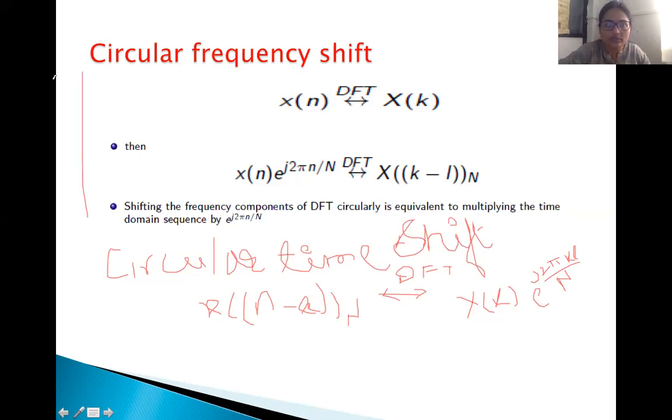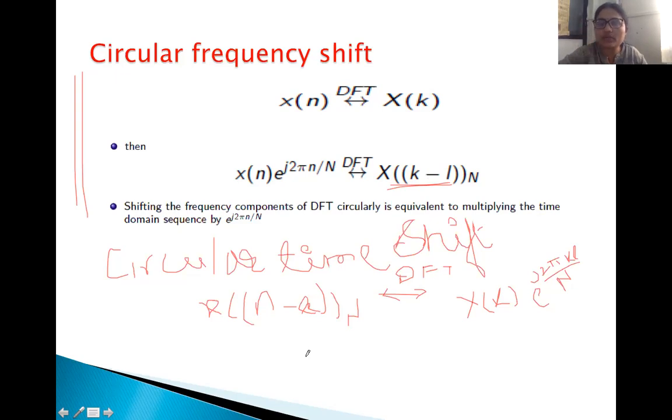These are the two properties called the circular frequency shift property and the circular time shift property. If we multiply a sequence by an exponential factor in the time domain, the sequence will be shifted by L units in the frequency domain. Vice versa, if I multiply the DFT values by an exponential part, it will shift the sequence in the time domain.